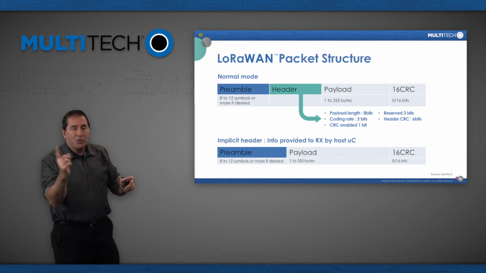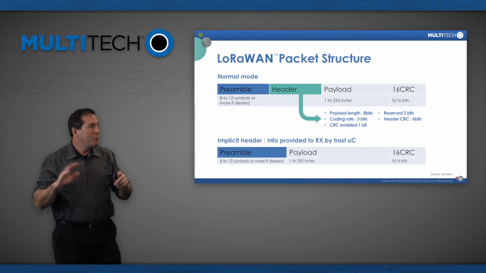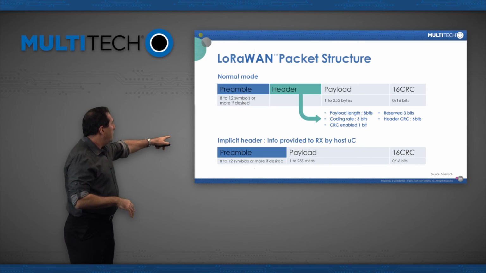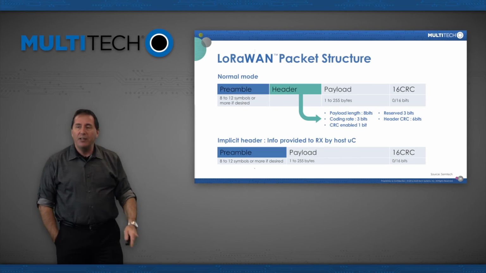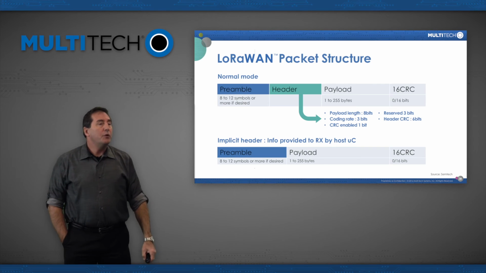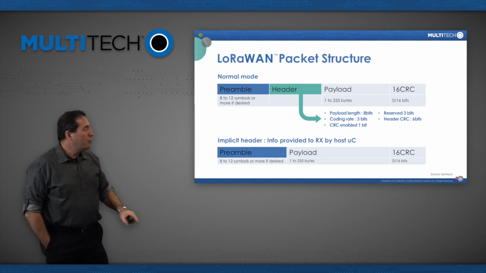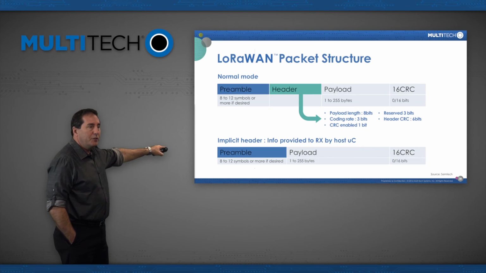And then inside that, there's further definition with different sorts of encryptions and things like that. There's also another way of using the LoRa radio, called implicit header, and that's that spreading factor 6 that I told you we don't use. So in the LoRaWAN world, there is no implicit header stuff, so you can ignore that.